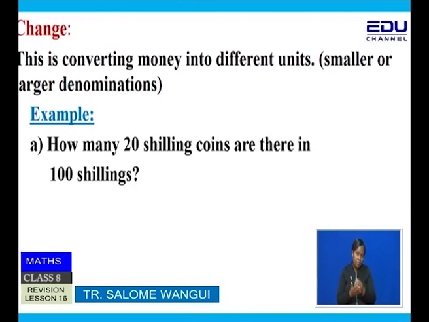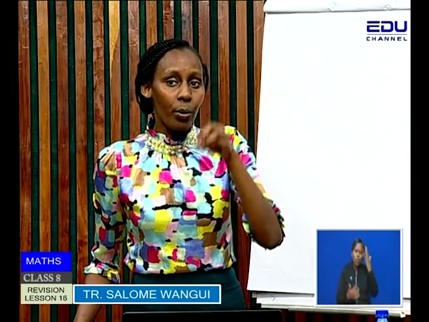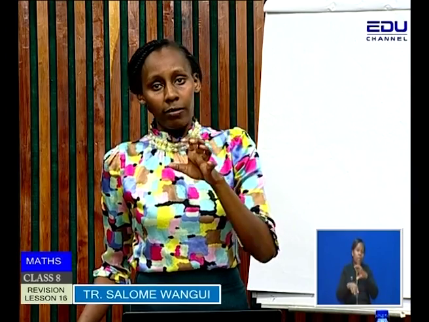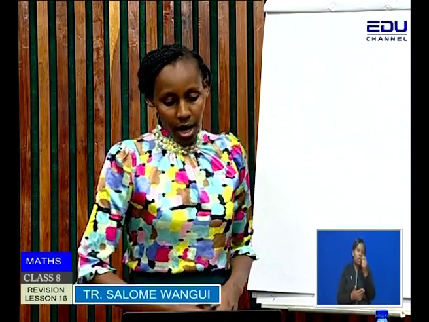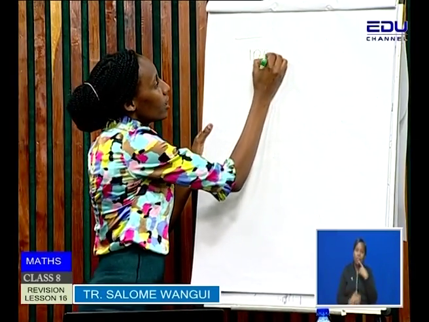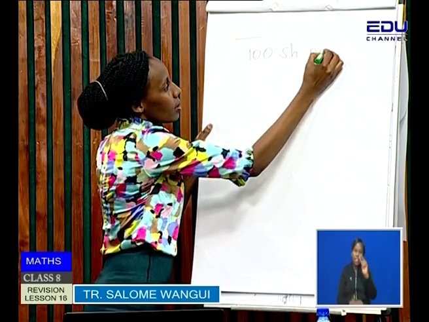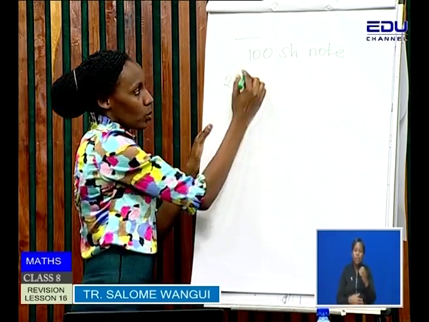Lana, we are going to give the same amount of money. We are exchanging that money for 20 shilling coins, and we want to know how many of them are going to be equivalent to a 100 shilling note. Okay, so if I have a 100 shilling note, how many 20s will I have to get?